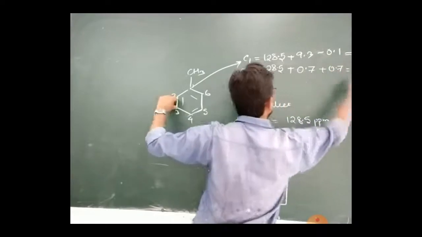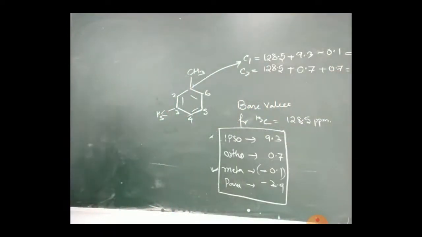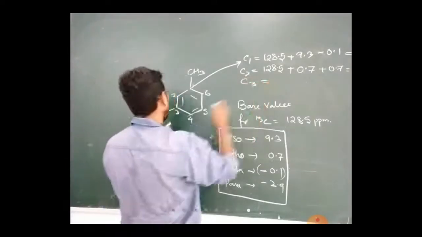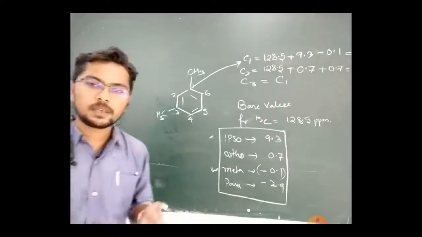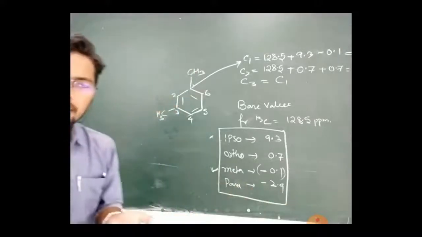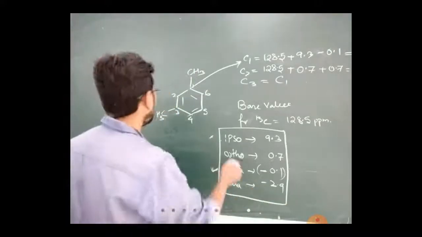Whatever value comes, that will be the value for this carbon atom, your second carbon atom C2. Then C3: if you see, C3 and C1 are equal, so whatever value C3 shows will be the same as whatever C1 is showing.